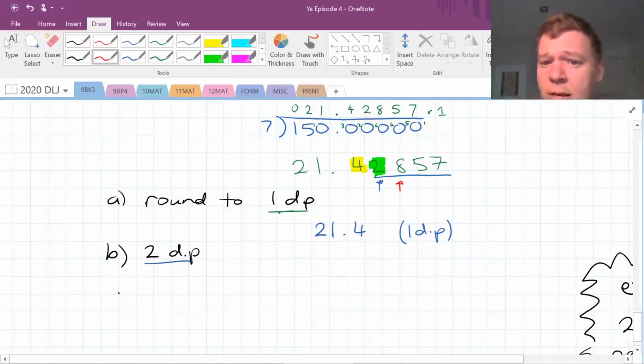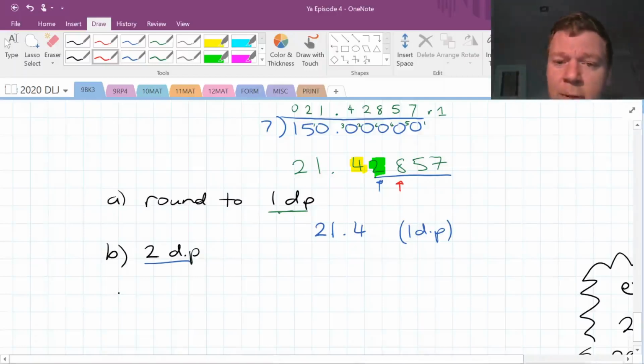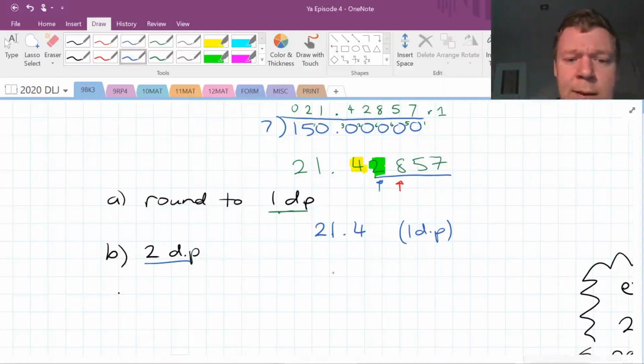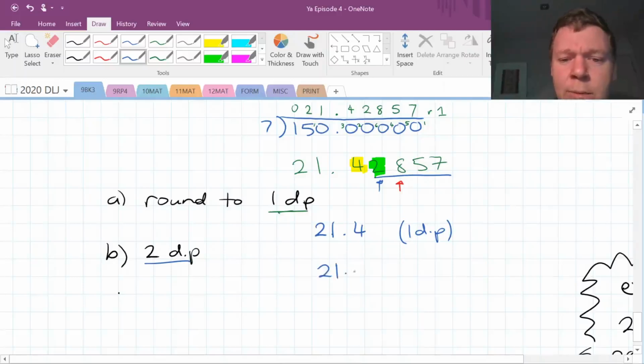It is, so that will round up our 2. So our final answer for part B is 21.43. So the 3 has been rounded up because that 8 is high enough.